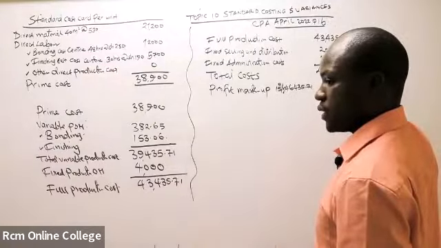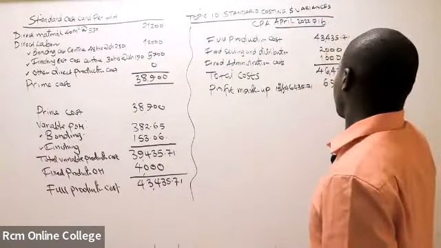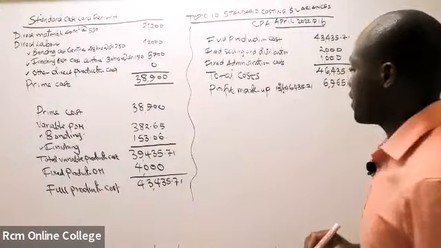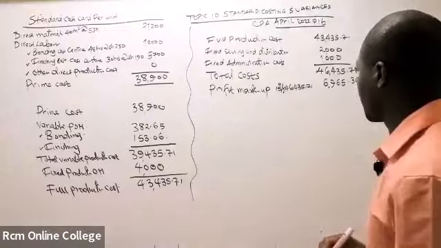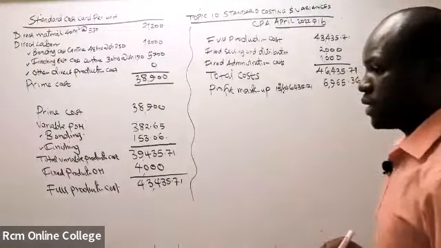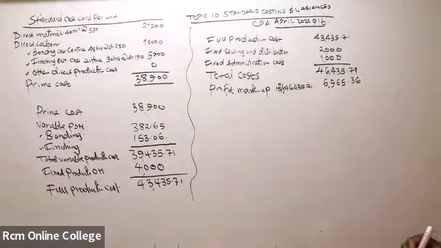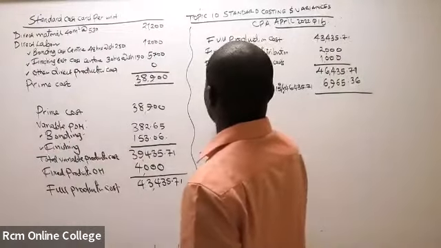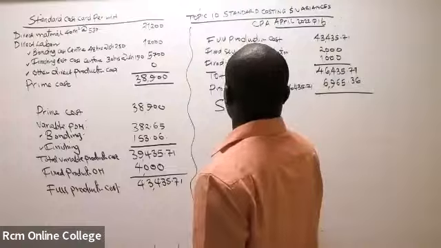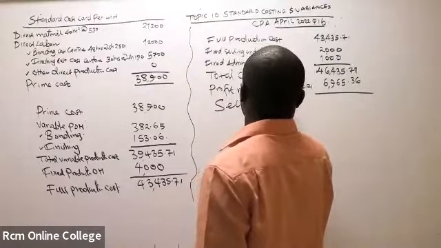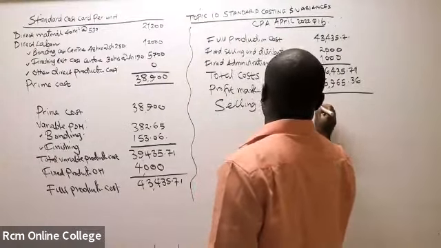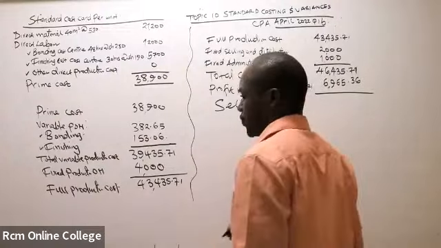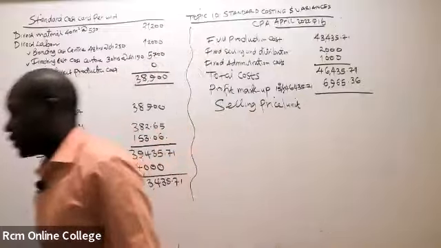Are we getting 6,965.36? Good. So can you add all that? When you add, you are talking about selling price. Selling price itakuwa ngapi? Selling price per unit. Now that all these costs are per unit.